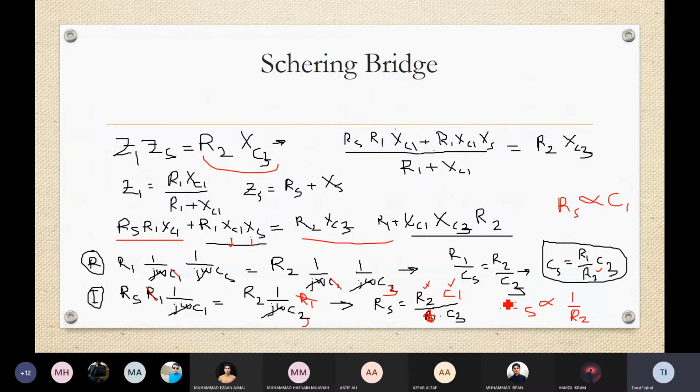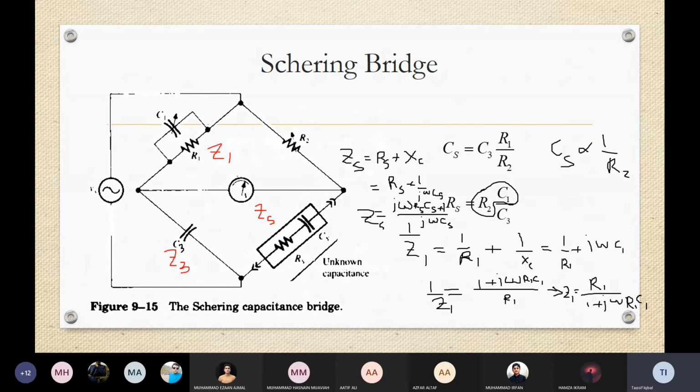So if CS is large, we have to make R2 smaller, and if RS is smaller, then C1 has to be small also. So this is how we get the values of RS and CS using the Schering bridge.